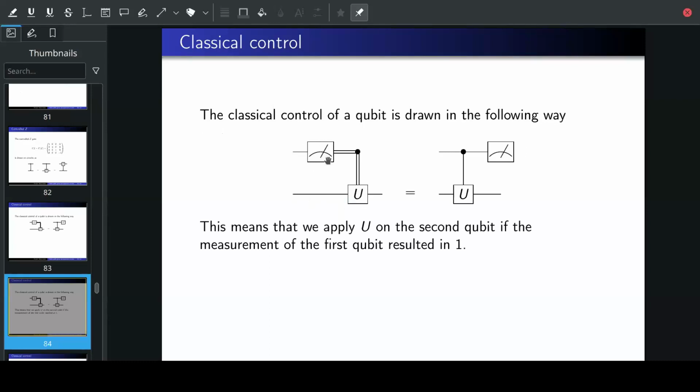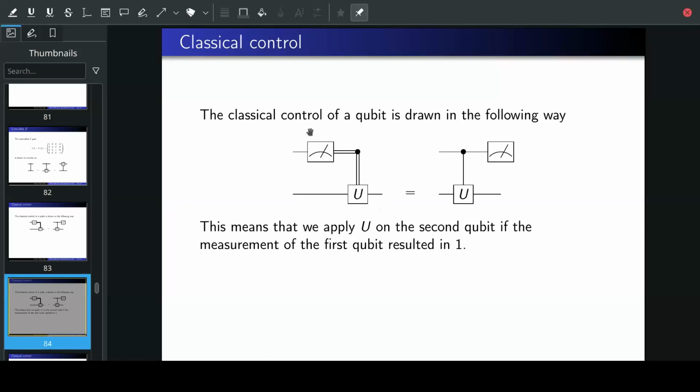If the result is 1, then we apply this single qubit unitary on this qubit. And if the result was 0, we just do nothing.